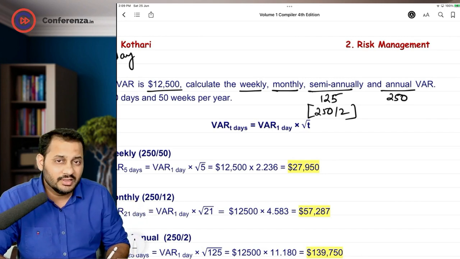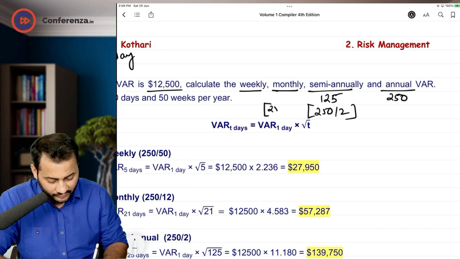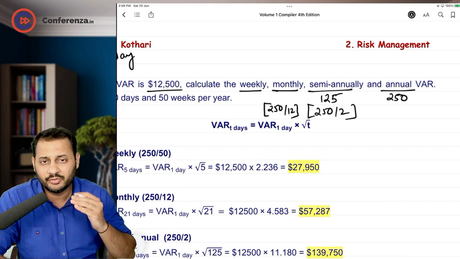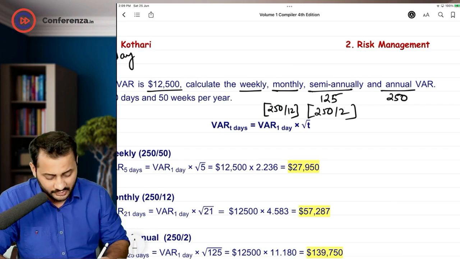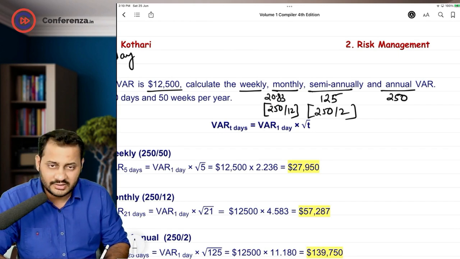There are 12 months in a year. If 1 year consists of 250 days, how many days will be covered in 12 months, like each month? So what we are going to do, we are going to divide 250 by 12. It is going to give us around 20.833 as a figure.